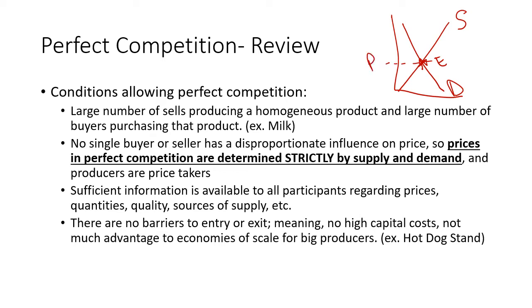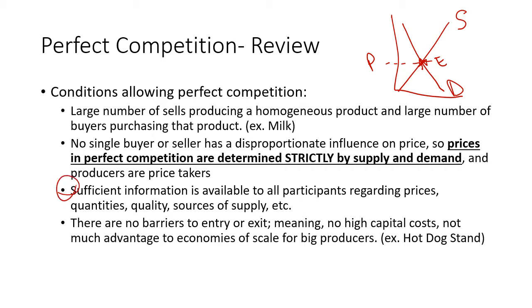And that was what determined the price. So the intersection of supply and demand determines the price in perfect competition. We'll see later that price is not determined in that same way for imperfect competition.